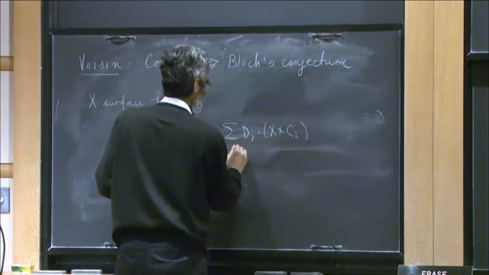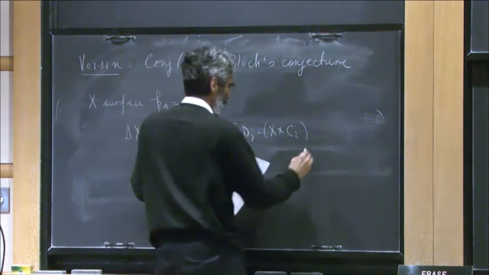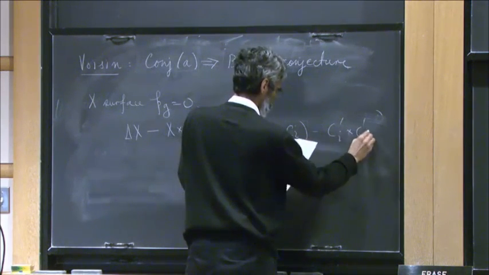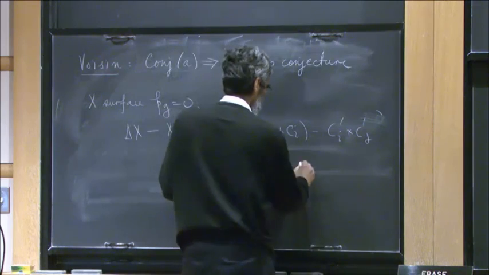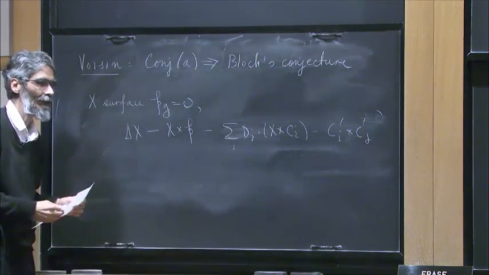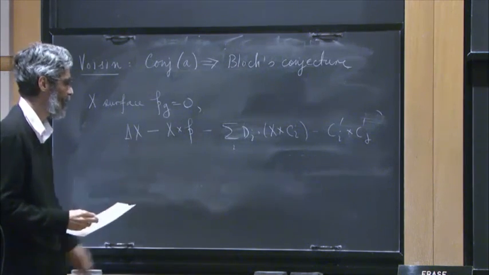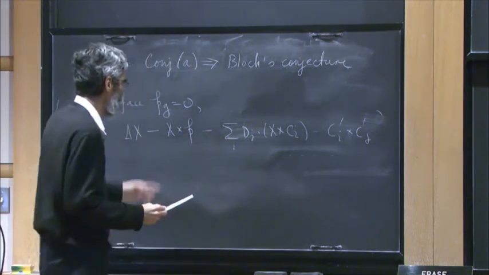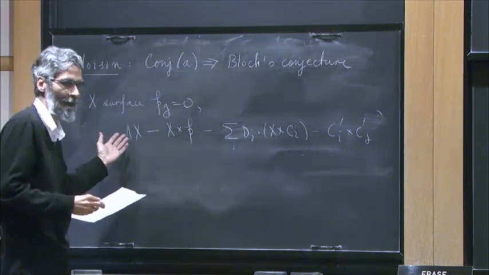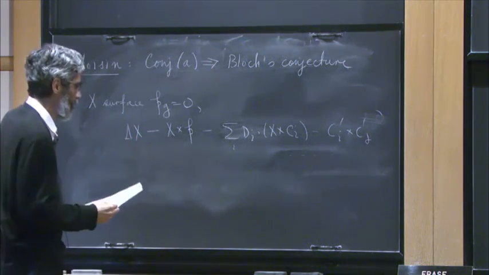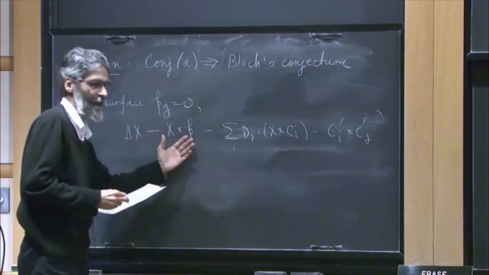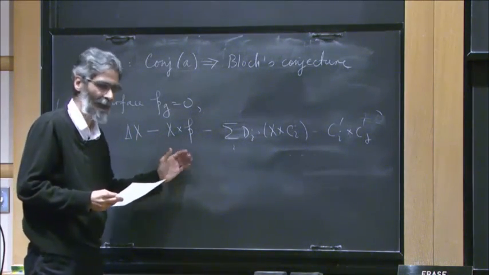So these are curves, minus various C'_i cross C'_j and then minus etc. So one can always construct a cycle like that which is homologically trivial, and we can also manage 0 in the Albanese. You see an H^1(X) tensor H^3(X) factor, etc.